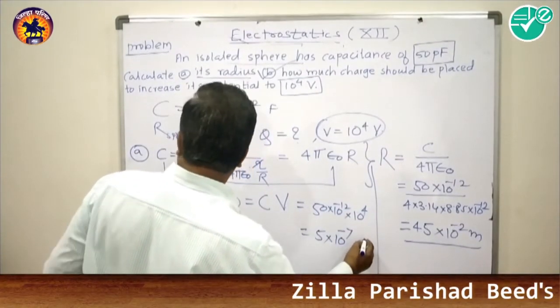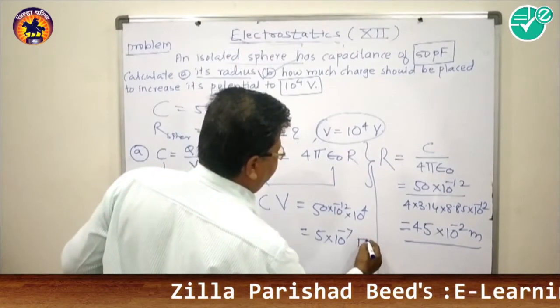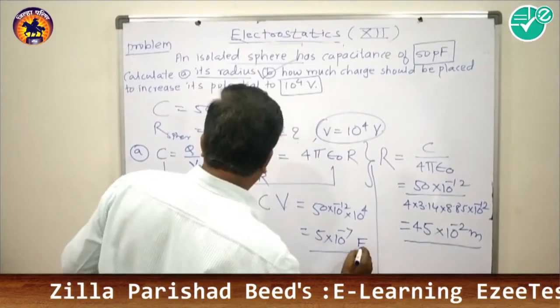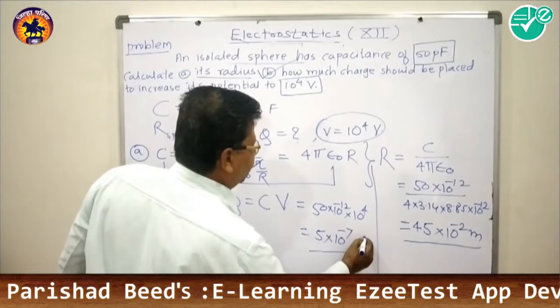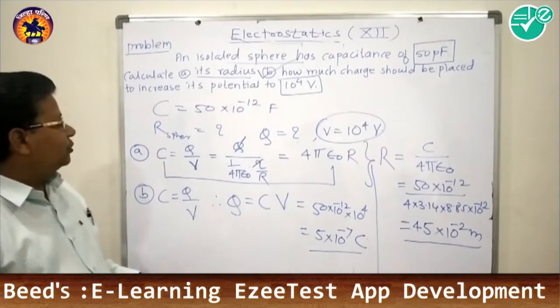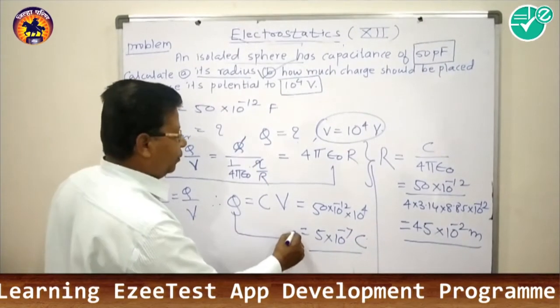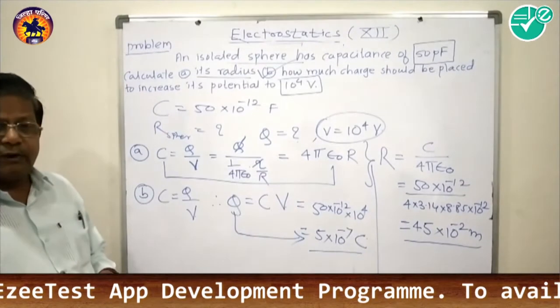The unit of capacitance is farad, and the unit of charge is coulomb. So the answer is Q is equal to 5 into 10 to the power minus 7 coulomb.